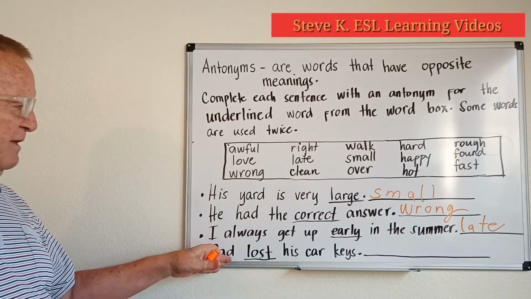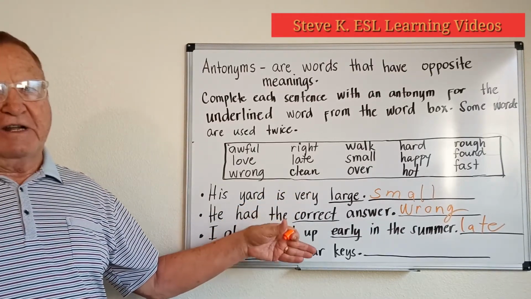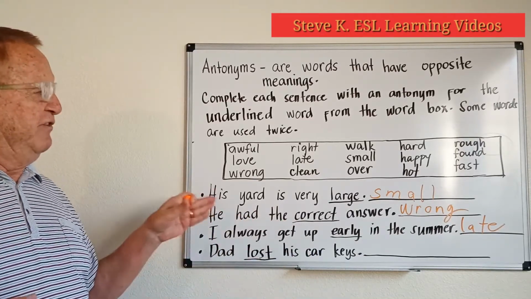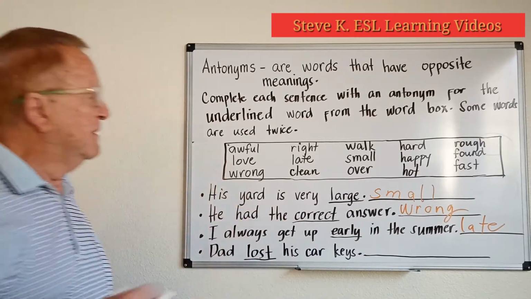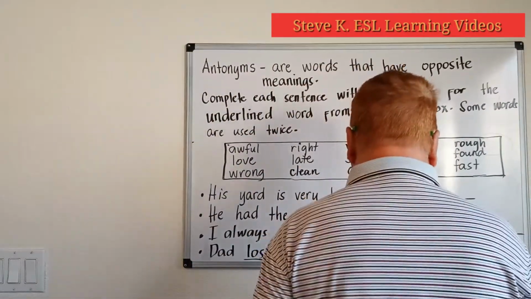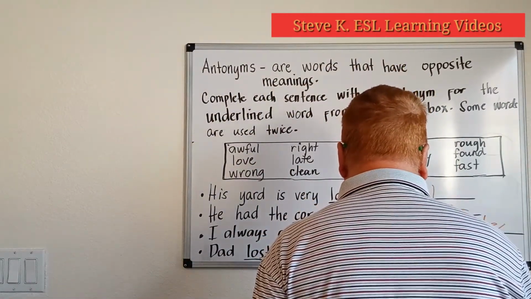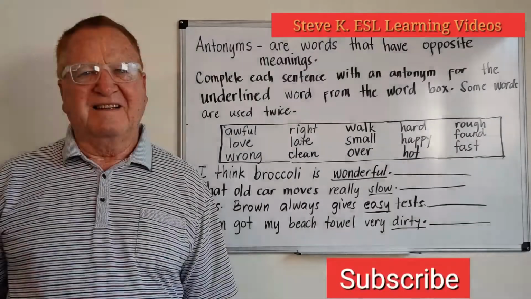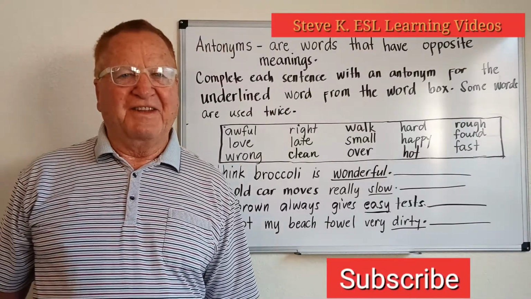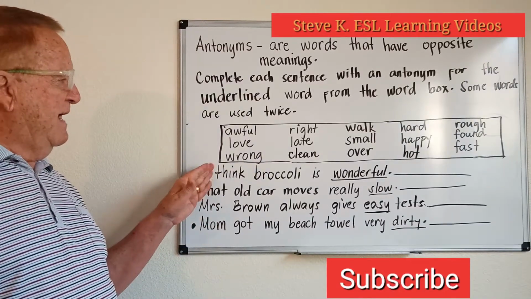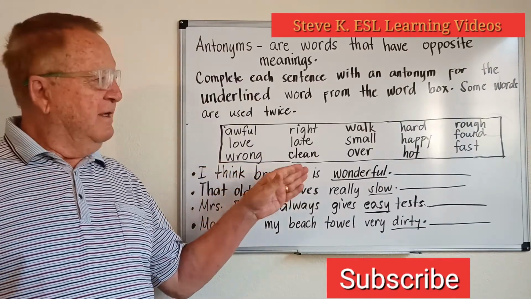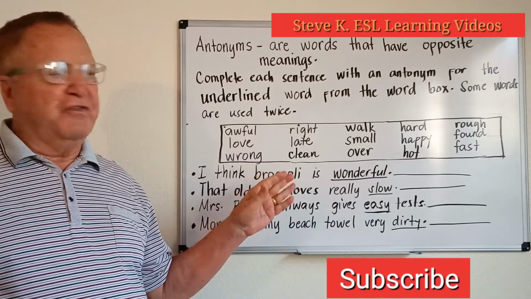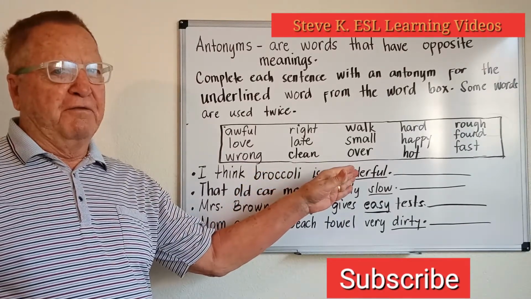And the next one, Dad lost his car keys. You would probably have to lose them in order for us to get the opposite, which is Dad found his car keys. Okay, the next one. I think broccoli is wonderful. The underlying word is wonderful.